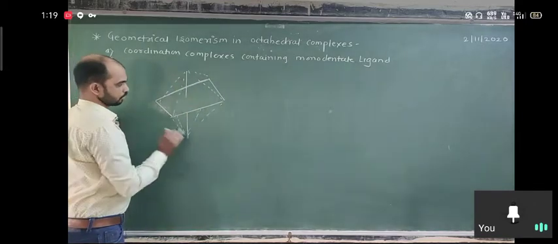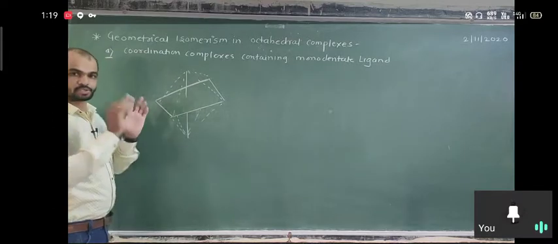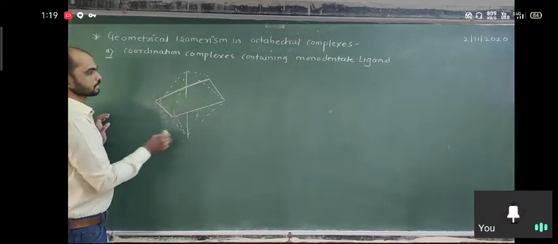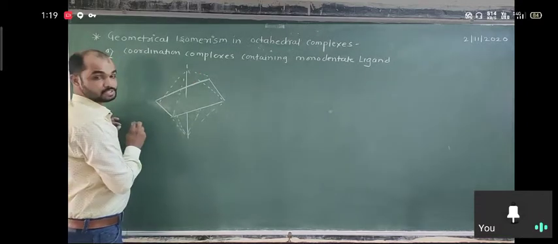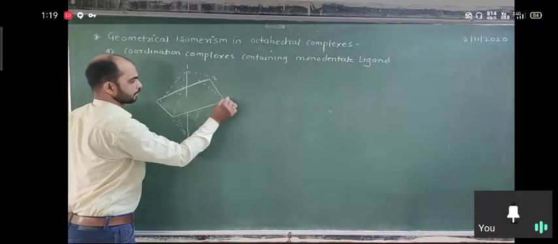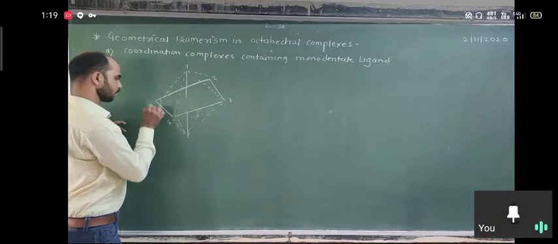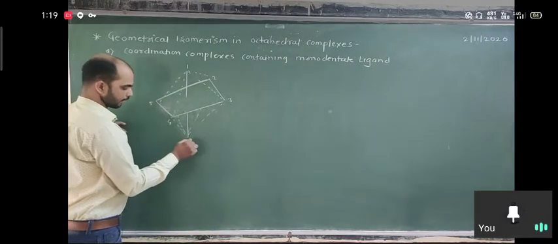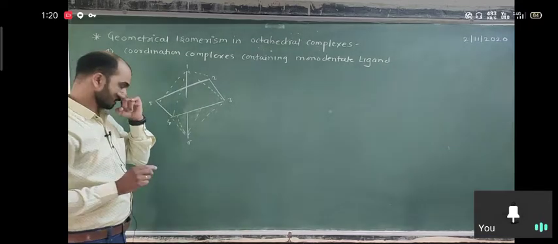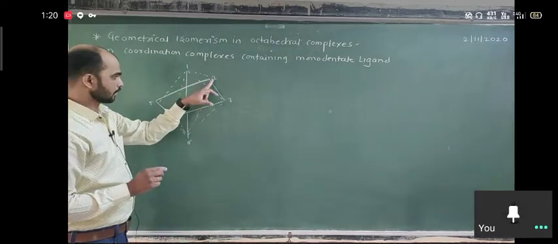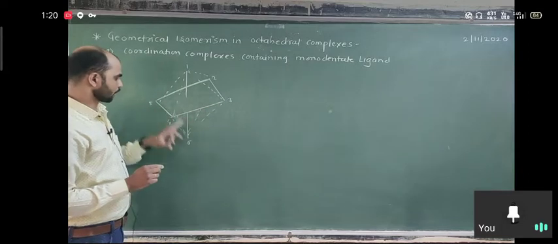So this orientation has positions, meaning each ligand has its position. Here we start the numbering. This is the first position, then second, third, fourth, fifth in a plane, and the last one at the bottom, below the plane, is the sixth position. So first position, second, third, fourth, fifth and sixth.